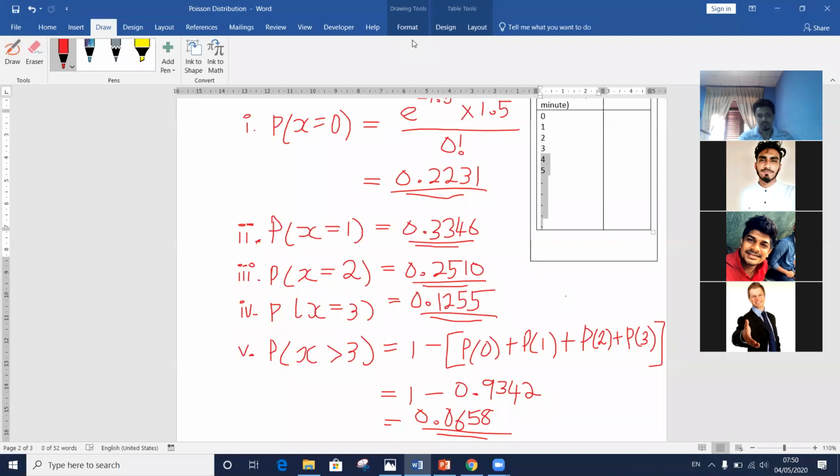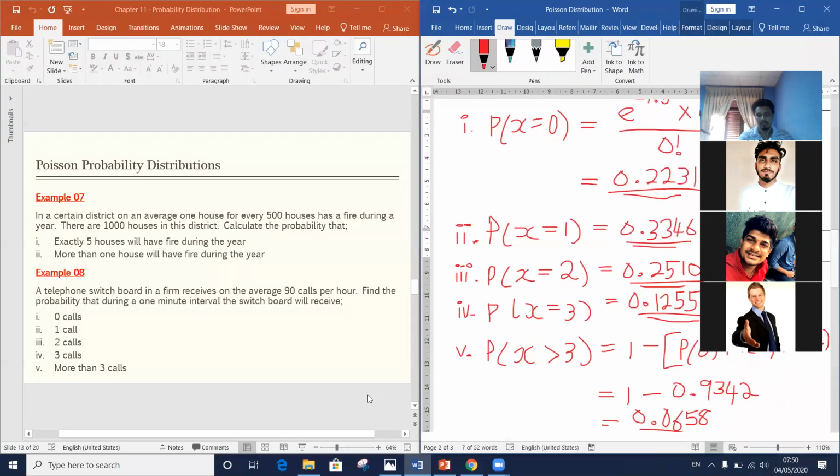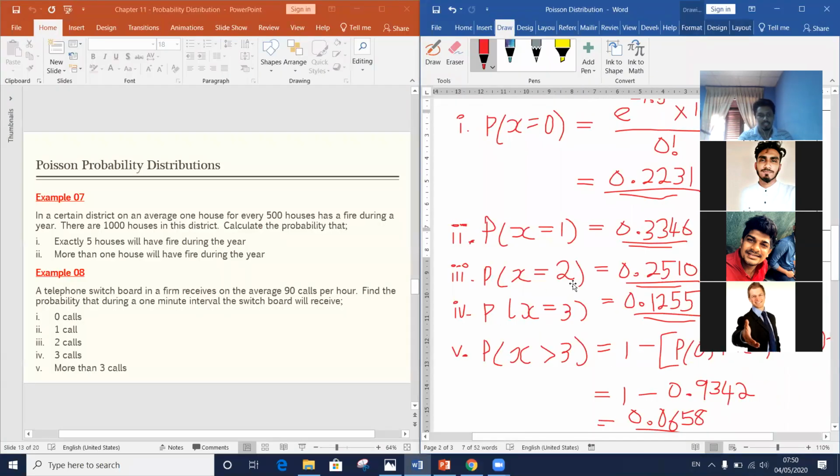Yes, 0.0658. Clear? That is how we can solve the sums under Poisson probability distributions. Right? Example 7 and 8.